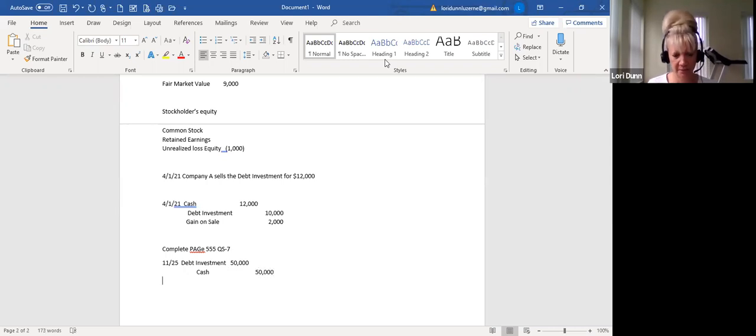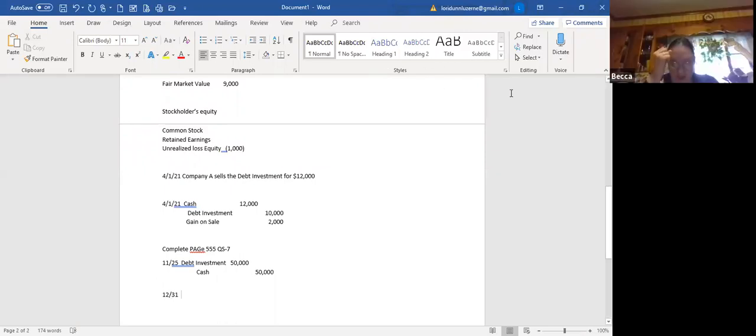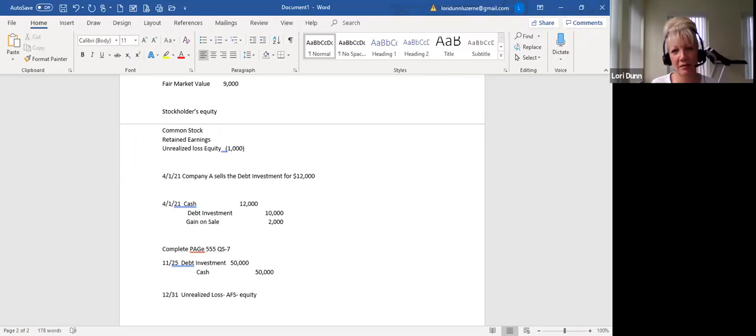All right. What about December 31st when we find out the securities have decreased in value to 47,000? Journal entry? You're going to debit unrealized loss, AFS, and then credit fair value adjustment. For how much?